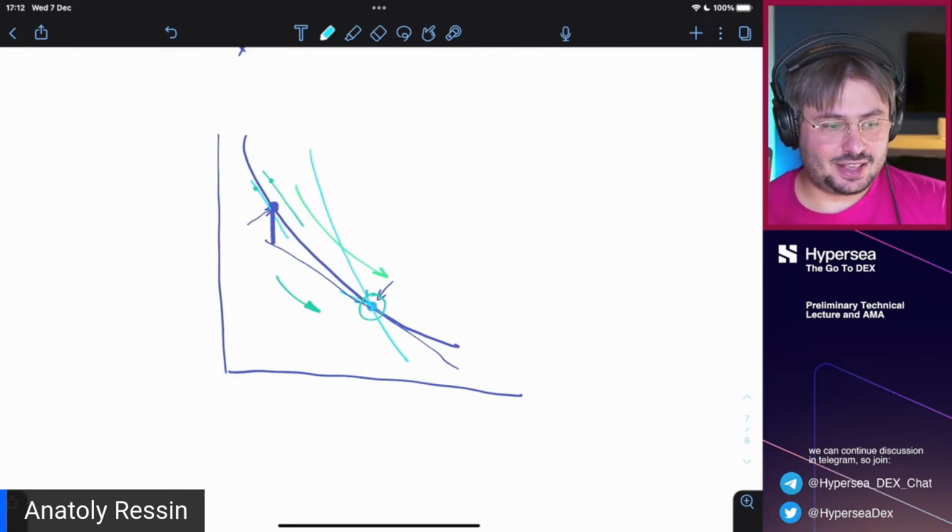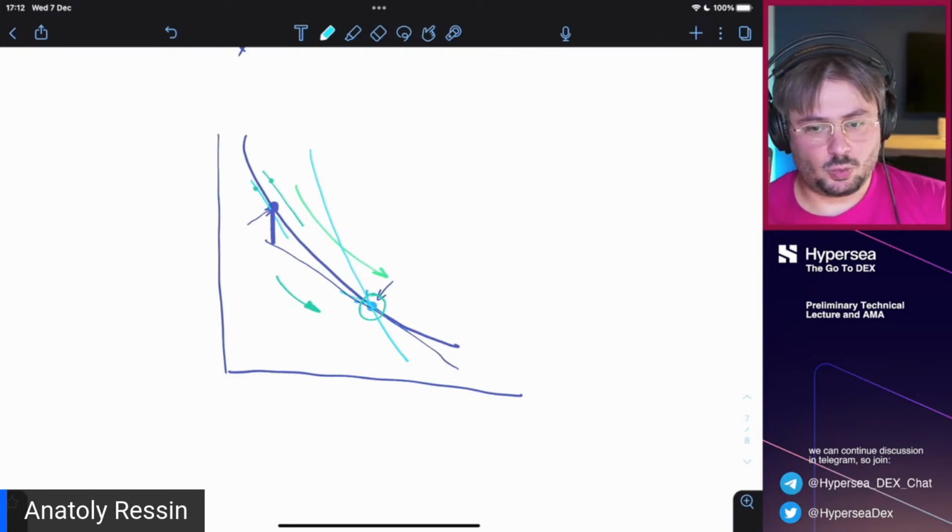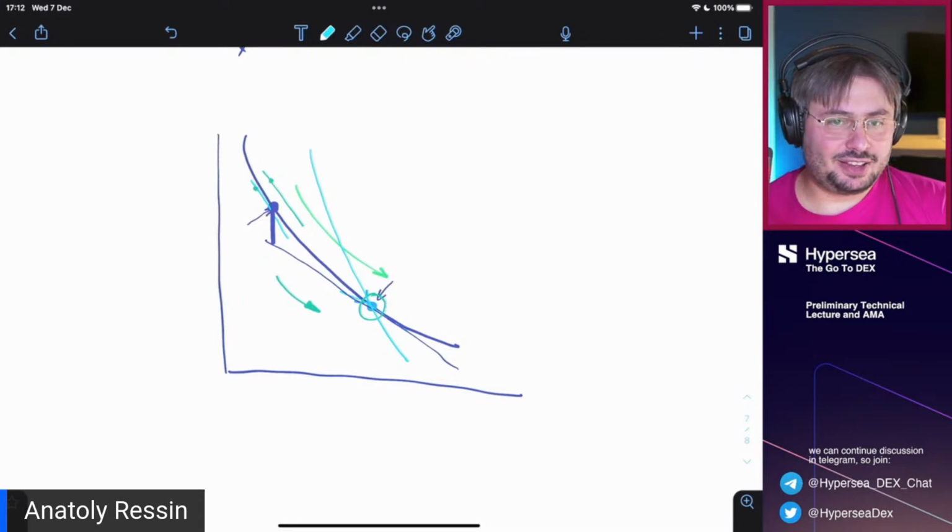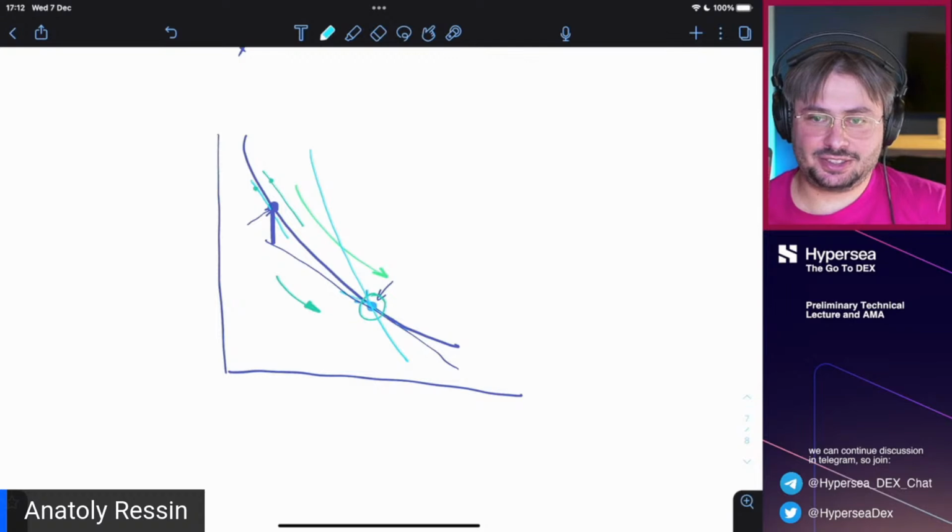And the same happens with liquidity provisioning. When liquidity providers are providing their liquidity, they cannot affect the arbitrage opportunity.